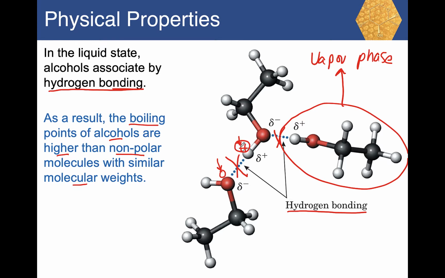That's why you have to heat this liquid to a higher temperature to break these bonds, to get the individual molecules into the vapor phase. For nonpolar molecules, where these intermolecular attractions don't exist or are not as strong, they have a lower boiling point.